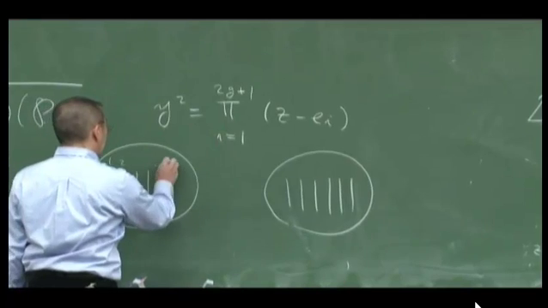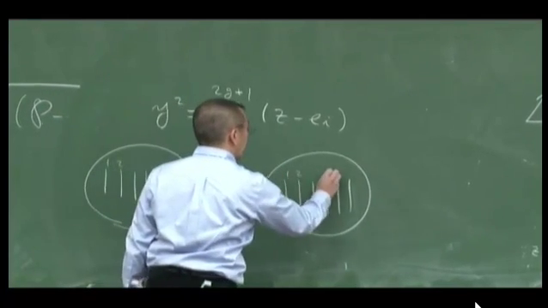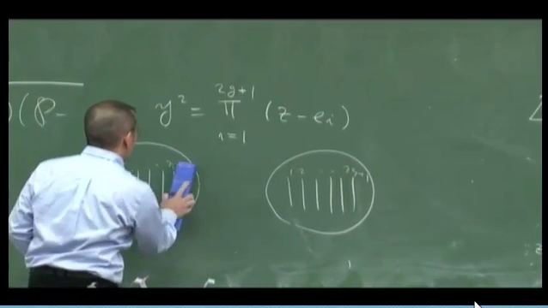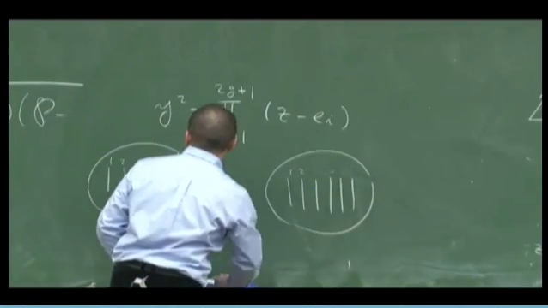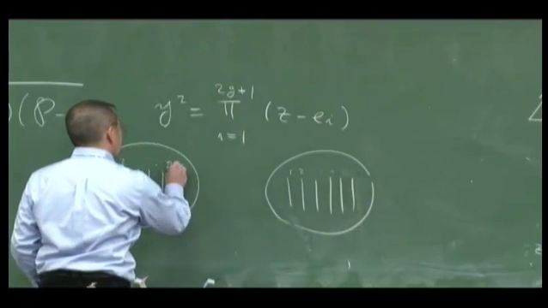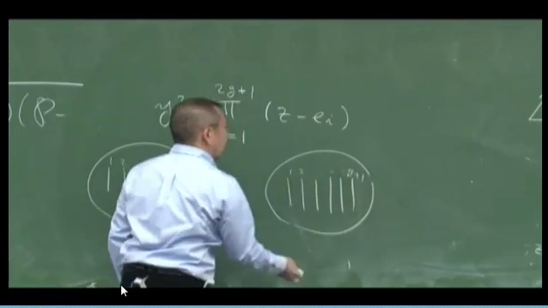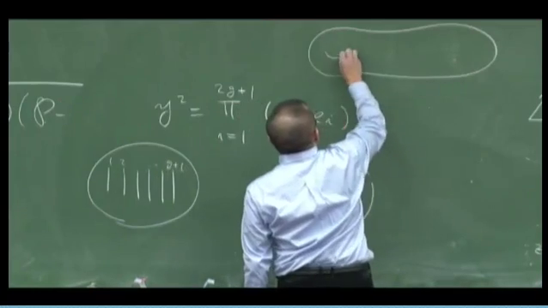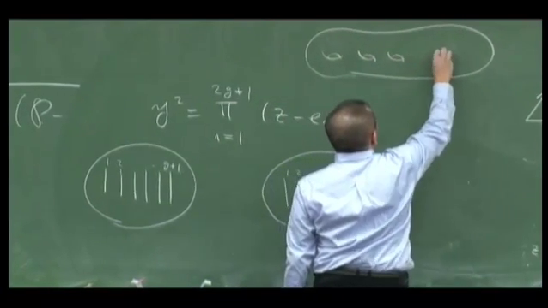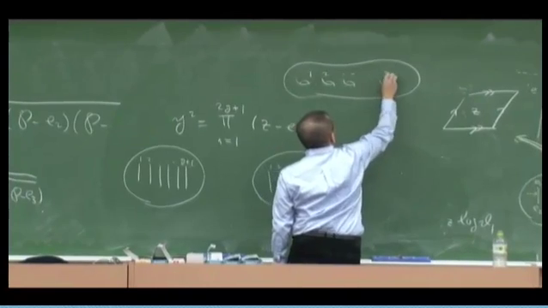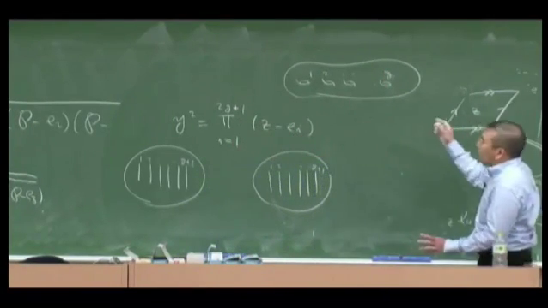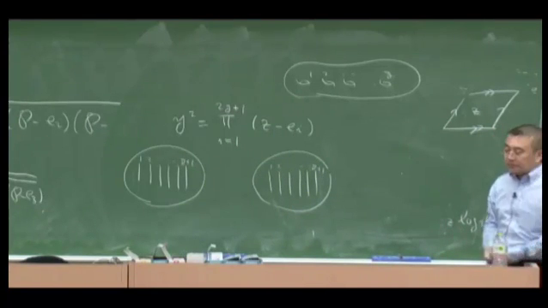Oh, no, I didn't say it correctly. The number of branch cuts is g+1. And then you pairwise identify these branch cuts. Then what you obtain is a two-dimensional surface with g handles. So this gives rise to a special case of a so-called Riemann surface of genus g.